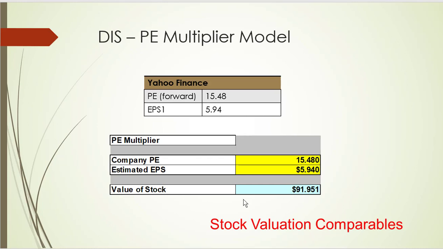So we're predicting, based on the PE multiplier model, that Disney is worth roughly $91.95 at the end of this year. If the current stock price is $110, that sounds like maybe Disney is not the best purchase that we could make for our investment dollar.